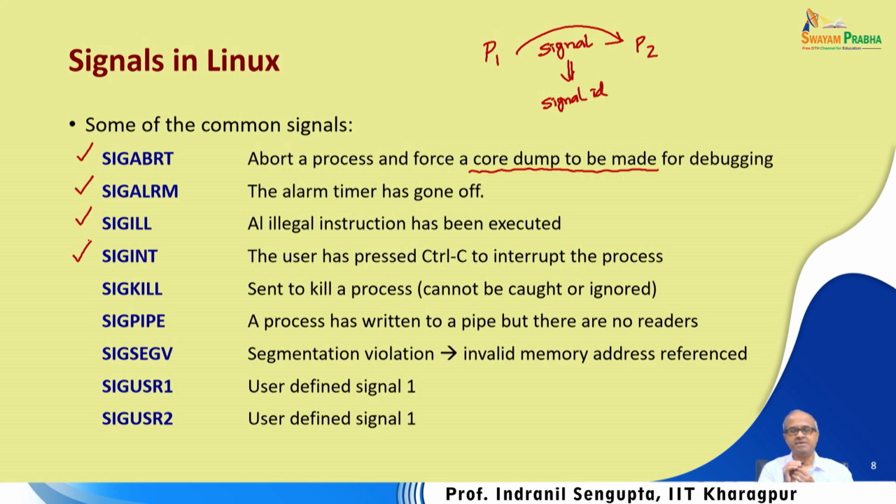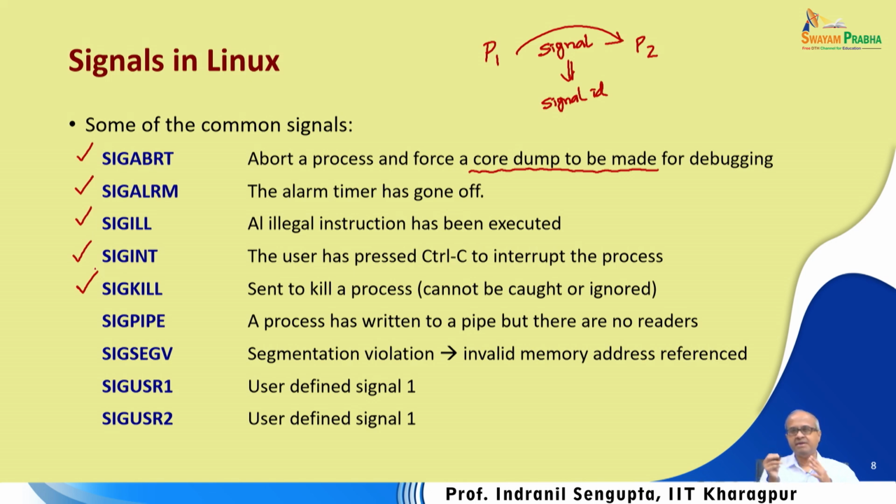Okay. Sometimes you want to stop a running process altogether. It was running, but you want to forcibly stop it. You can send a SIGKILL signal. If you send a SIGKILL signal, then the process will be killed.